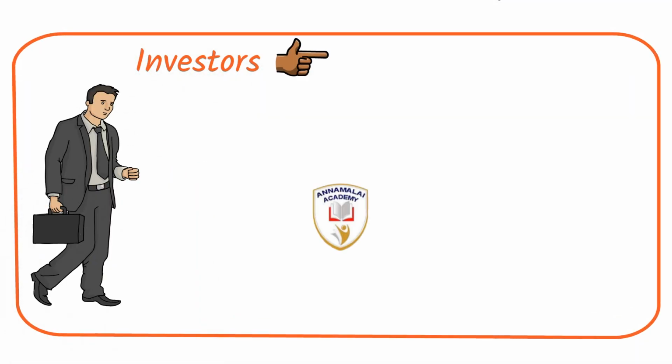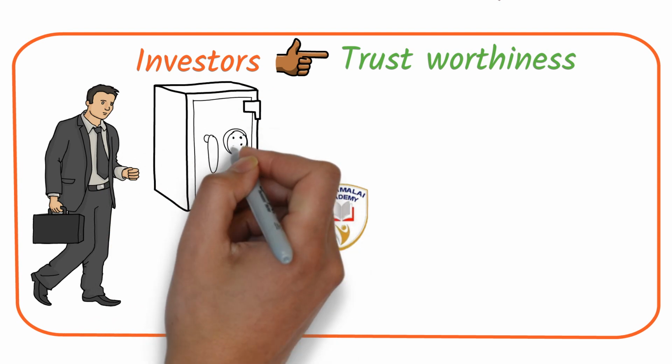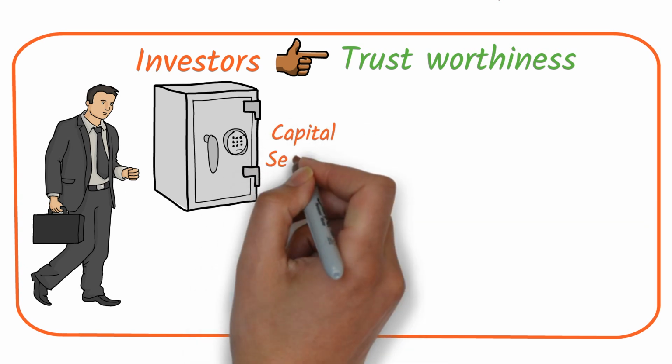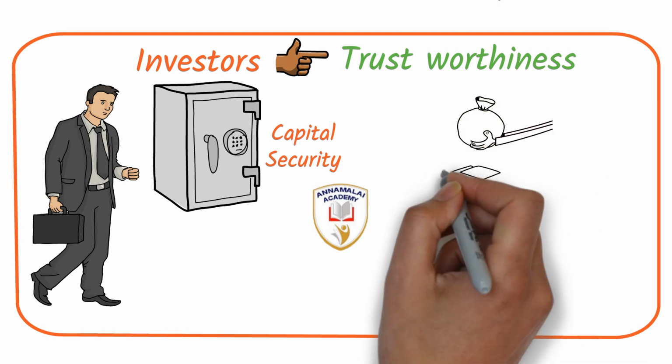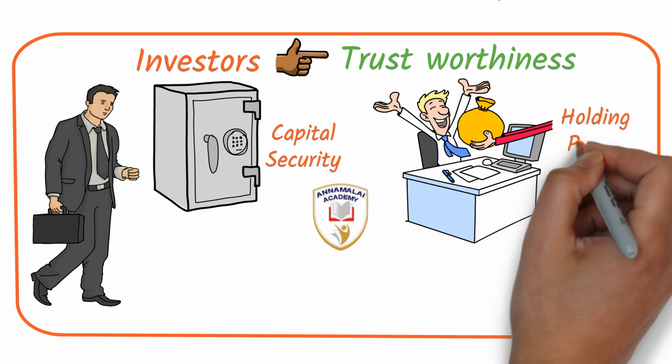Firstly, the investors. Investors prioritize trustworthiness. They want to understand how far a company can be trusted for their investment. As an investor, if I invest in shares of a company, I look at the capital security, to what extent my money will be secured. As long as I continue as a shareholder of a company, what is the holding period return that I will get?